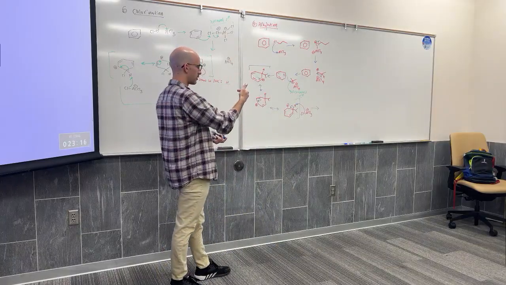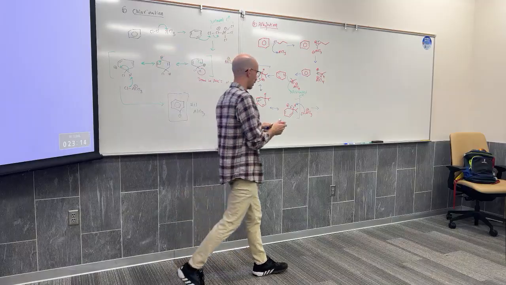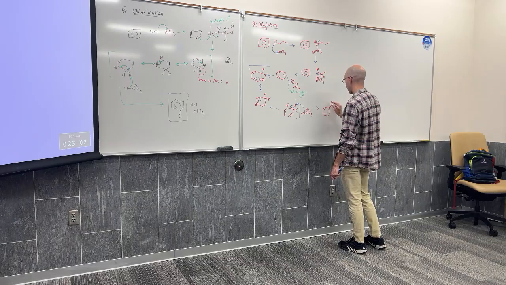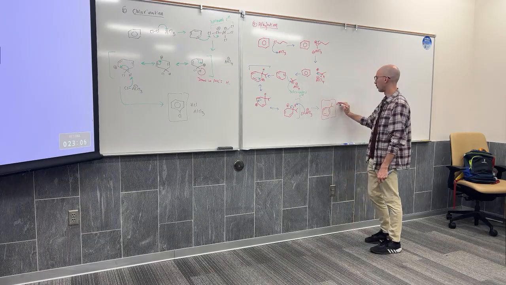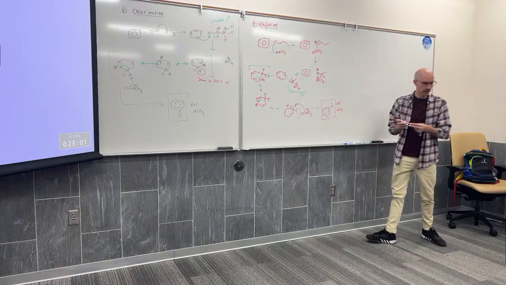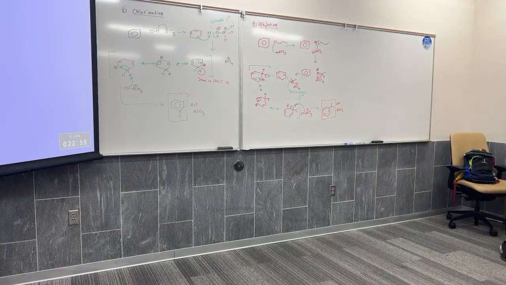Chlorine takes electrons back, deprotonates hydrogen. The aromatic ring reforms. And I have isopropyl benzene with an HCl byproduct and aluminum trichloride byproduct.